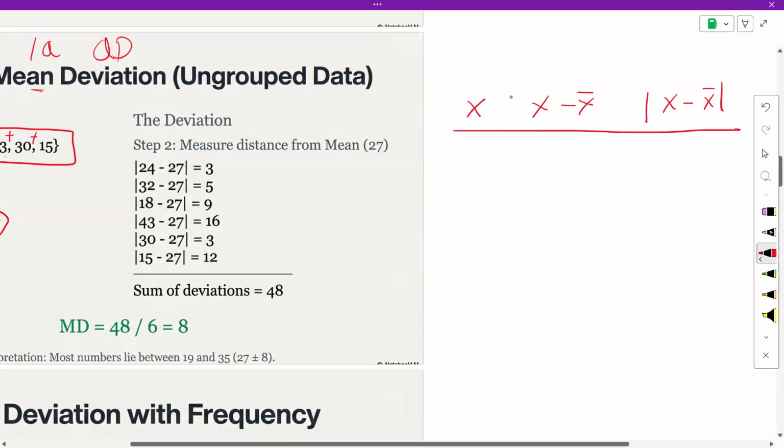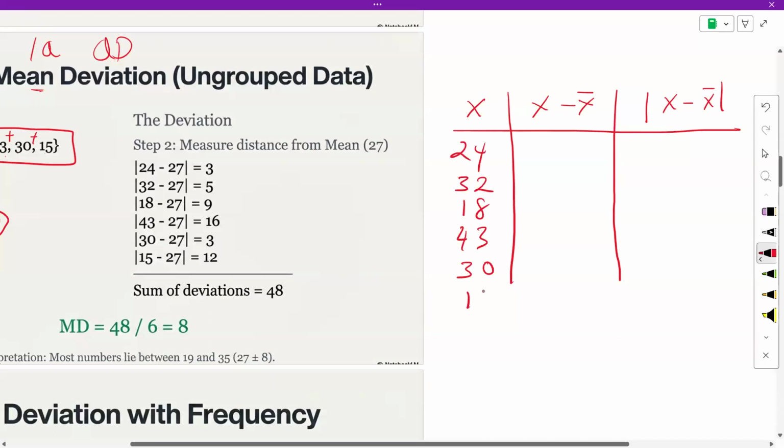So here I can draw the table. The first point 24, 32, 18, 43, 30, 15. And we already calculated x bar, that is equal to 27.